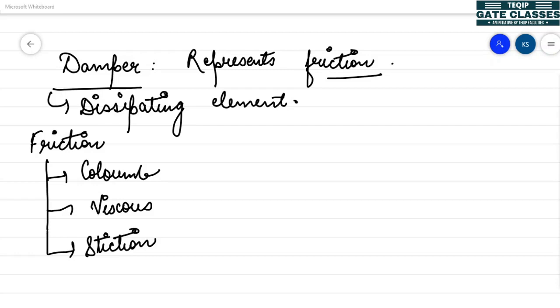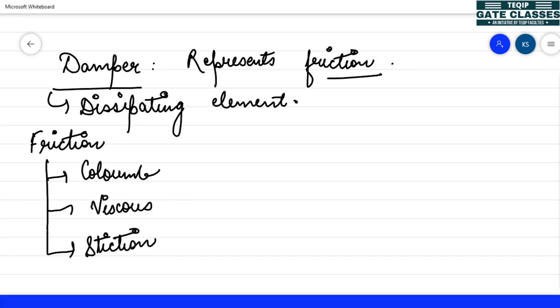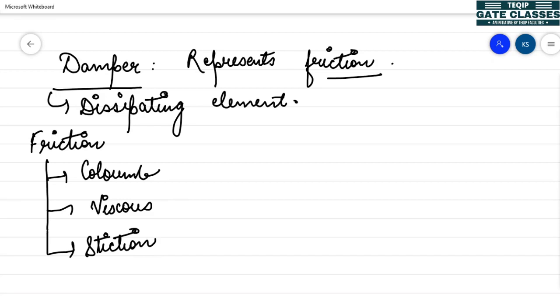Friction always occurs when there is a motion or there is a relative tendency of motion between two physical elements. So first friction I am discussing is Coulomb friction. It always occurs between two dry surfaces.